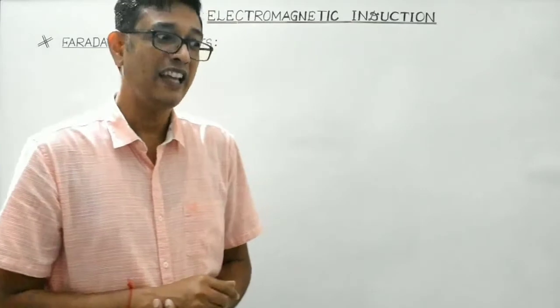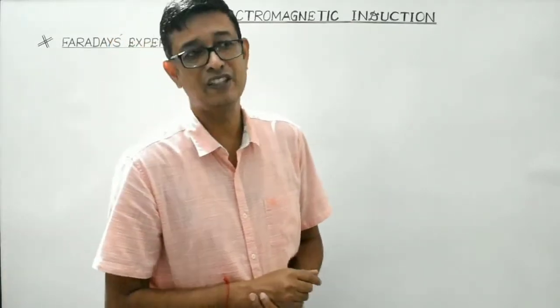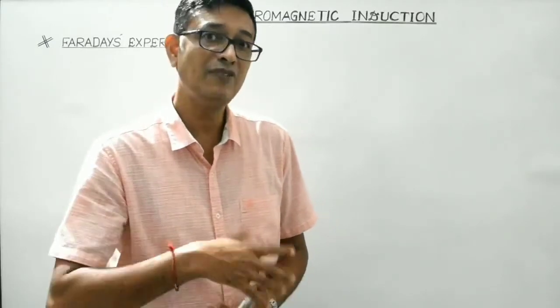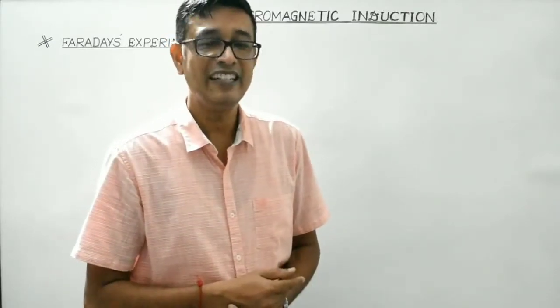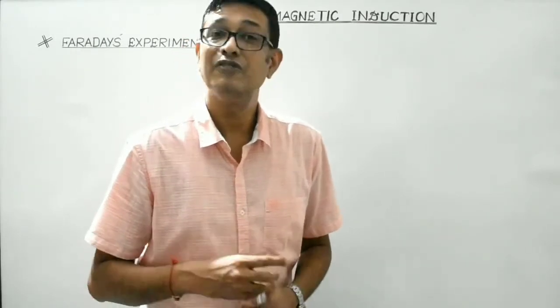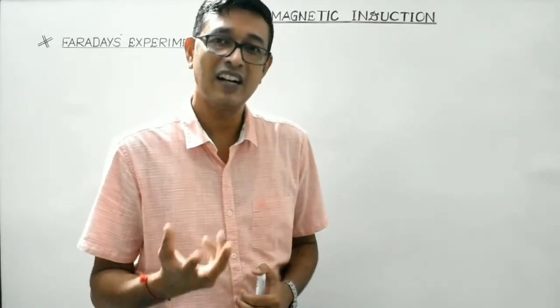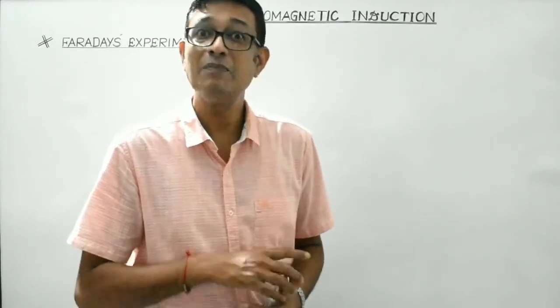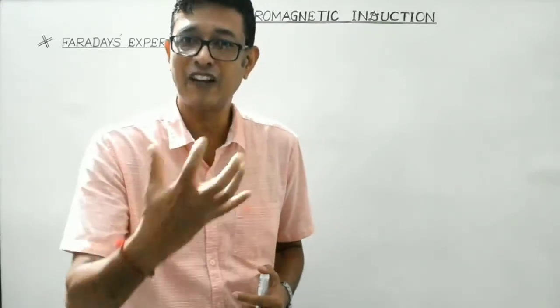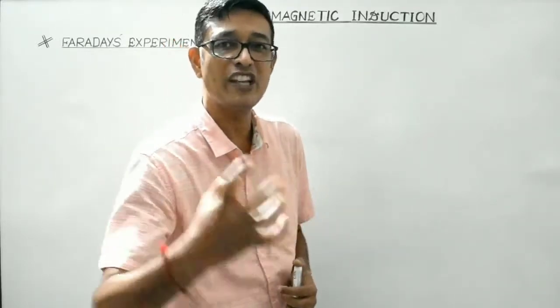So in 1831, eleven years after the discovery of the magnetic effect of current, Michael Faraday discovered the electromagnetic induction phenomenon, which is basically the production of current in a coil when the magnetic field, or more precisely the magnetic flux linked with the coil, changes.